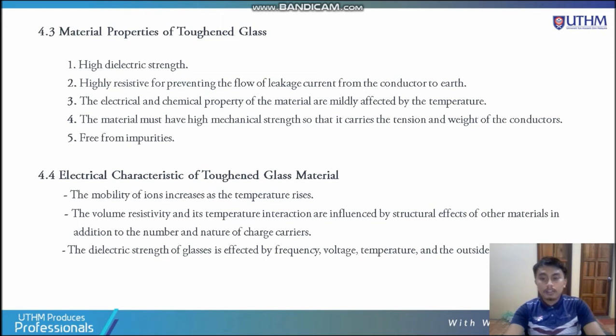And the last is the dielectric strength of glasses is affected by frequency, voltage, temperature and the outside test environment.